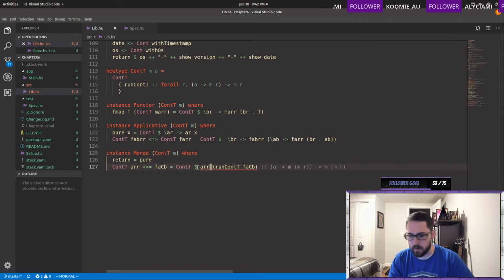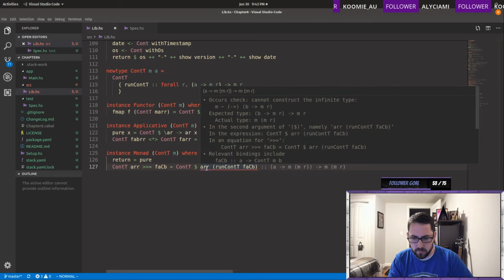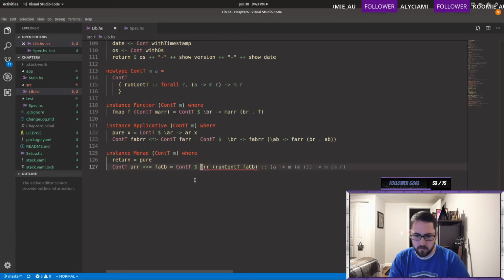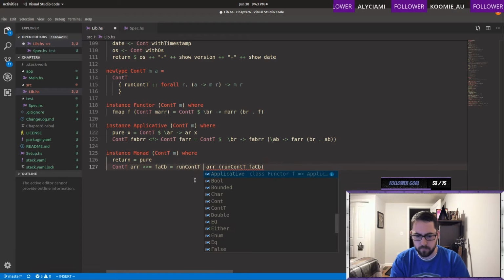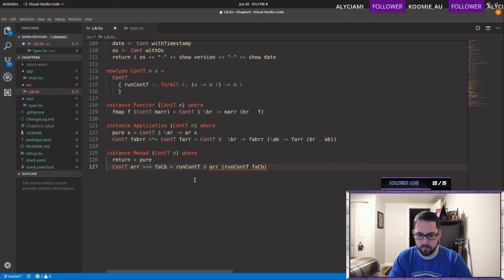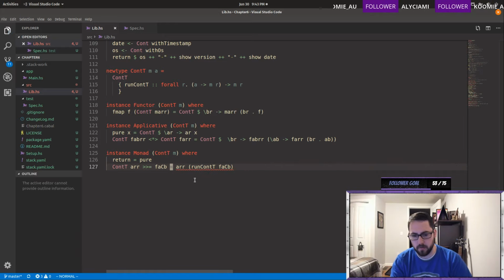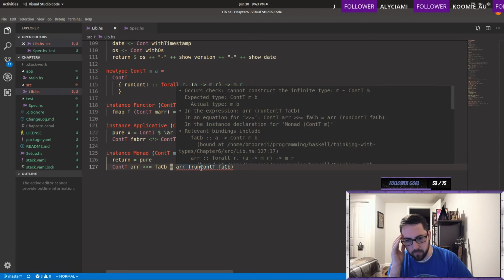Sorry guys, I'm having a hard time following right now. This is a nested. So this is actually, no, because it's inside the monad. This is MM.